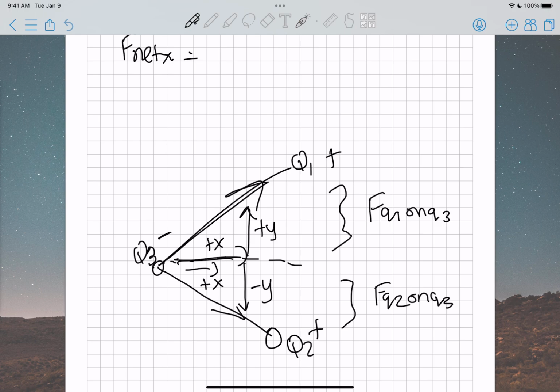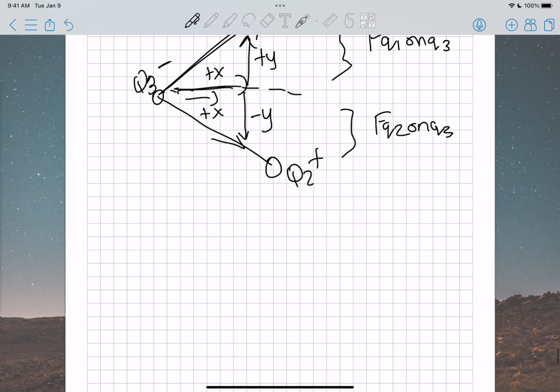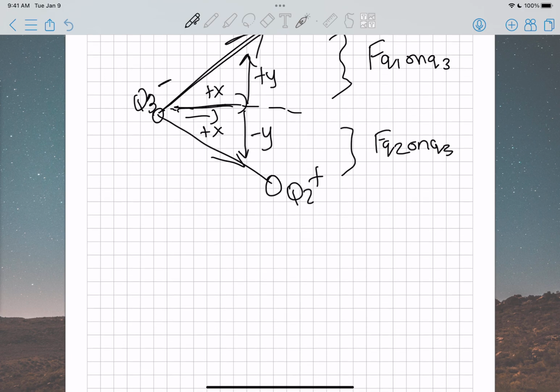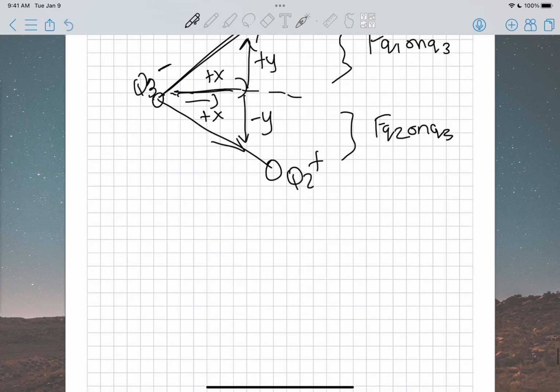So Q2 is effectively pulling Q3 downwards to it, opposing Q1 pulling Q3 upwards to it. But both of those charges, Q1 and Q2, are working together essentially to pull Q3 to the right. So we want to figure out the F net x from the x components of both of these forces.